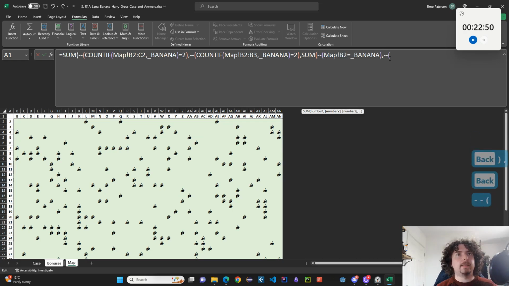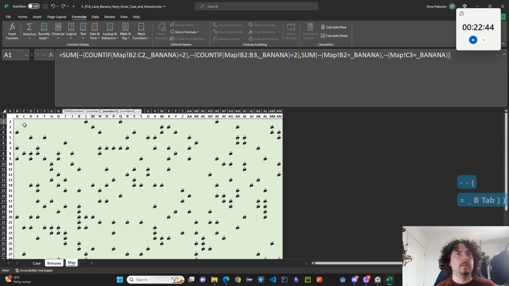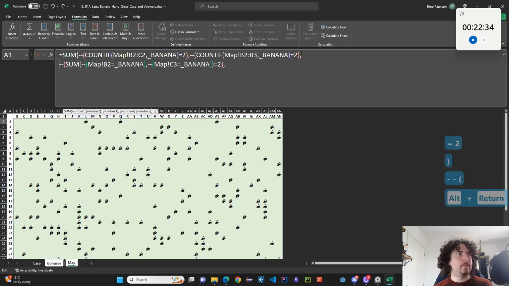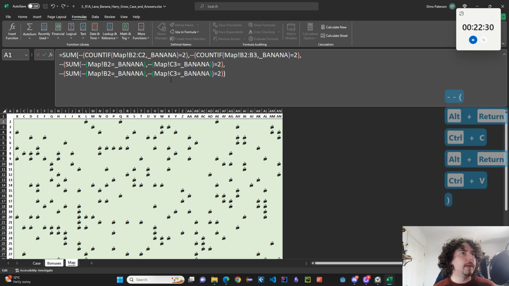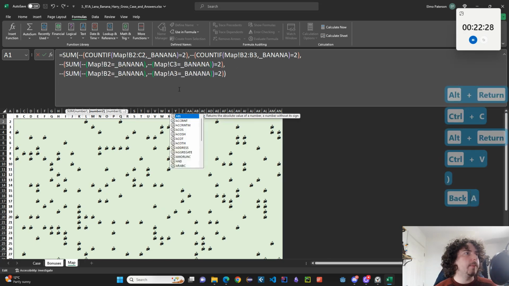And is this a banana? Equals 2. And that's going to be A3. There we go.